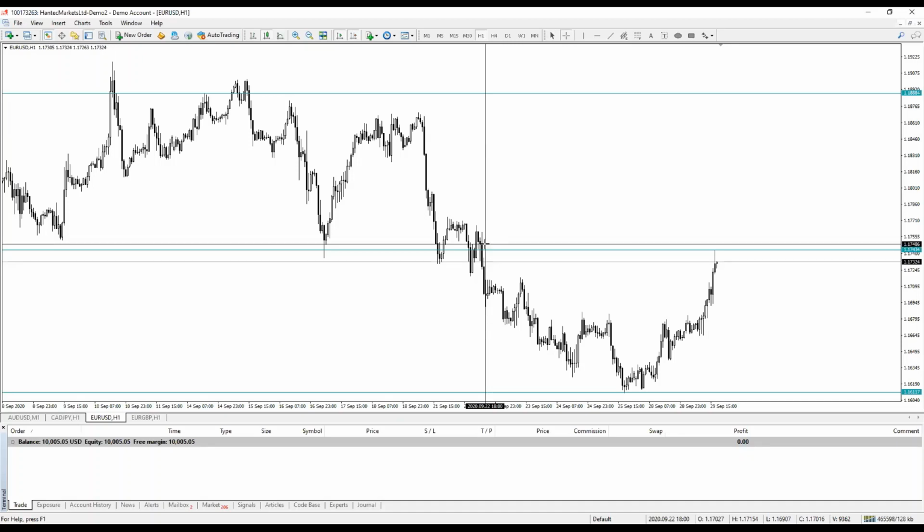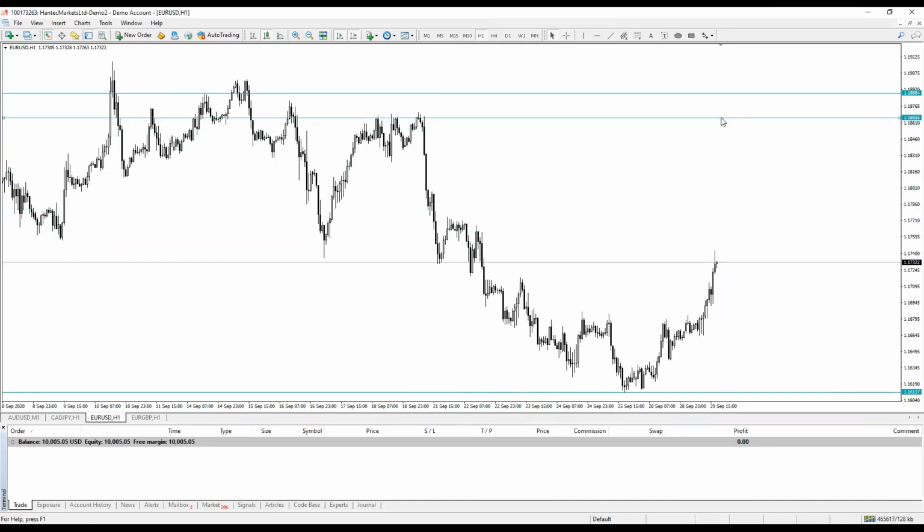We don't know how these levels would hold. So our best way to measure risk is to go for the extreme levels, and then we will go to lower time frame, look for our price action confirmation in terms of Quasimodo, and that will give us better odds to be successful in the long run of trading.